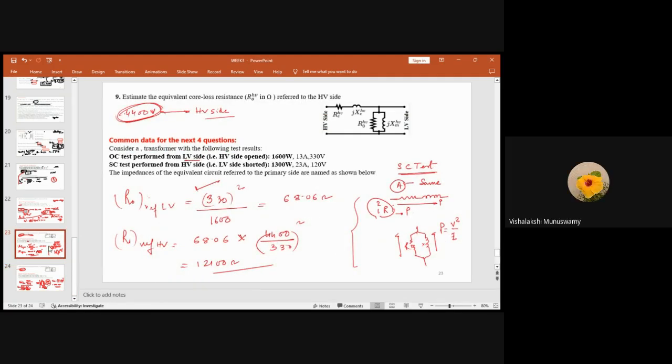Sir, can you explain that 4400 voltage, sir, on the HV side? It is data given. You are asked to calculate it, and the data is given like 4400. Okay, sir. If it is not given, then you have to calculate it. For that reason, sufficient data will be given.